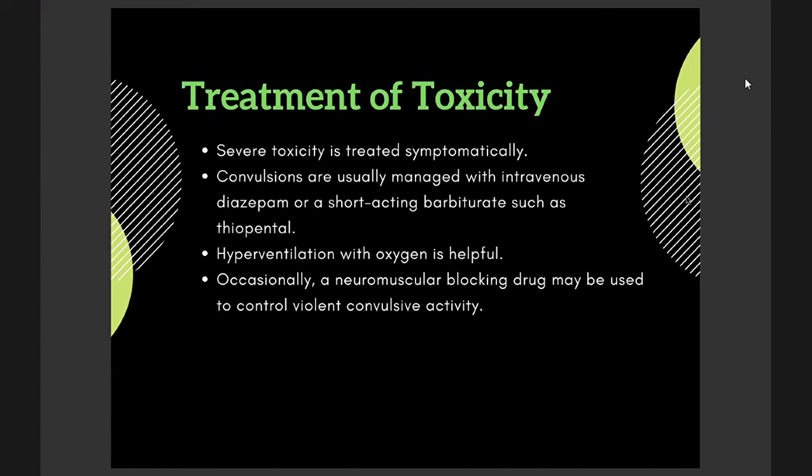If there is now convulsion, it is usually managed with intravenous diazepam or a short-acting barbiturate such as thiopental. Or you can also use propofol, because we mentioned yesterday that propofol has an anticonvulsant effect.